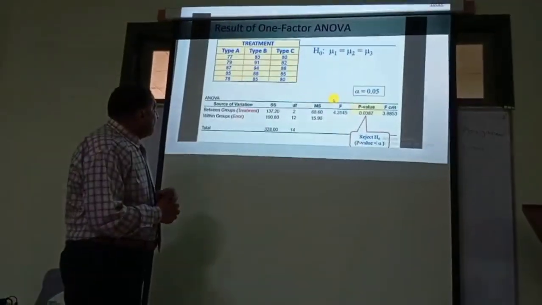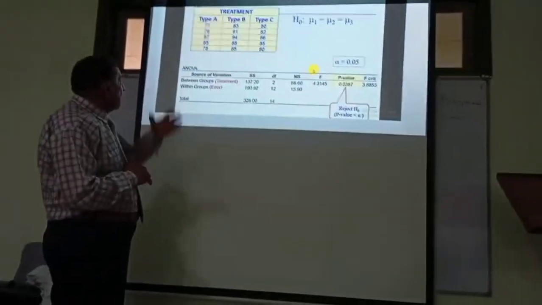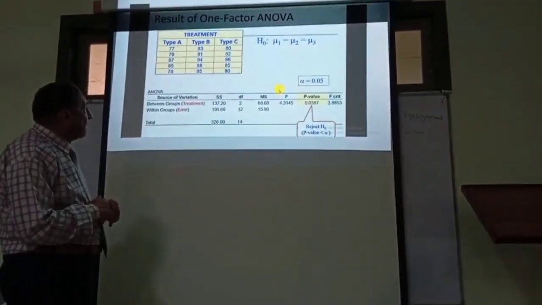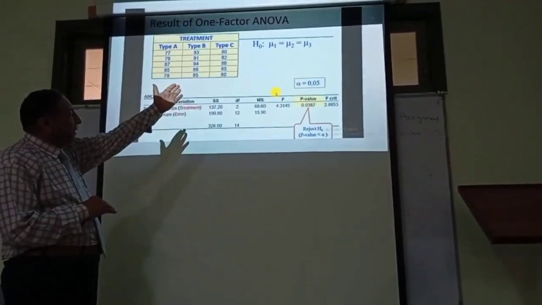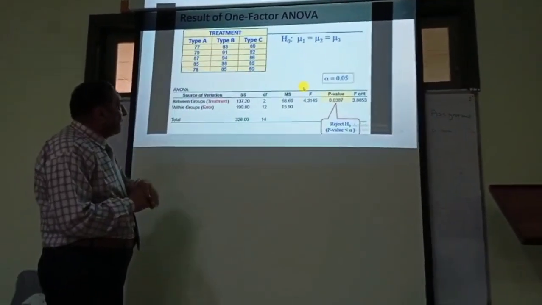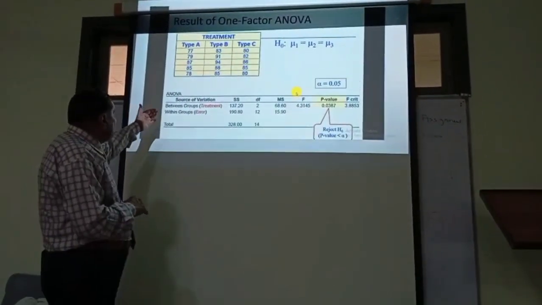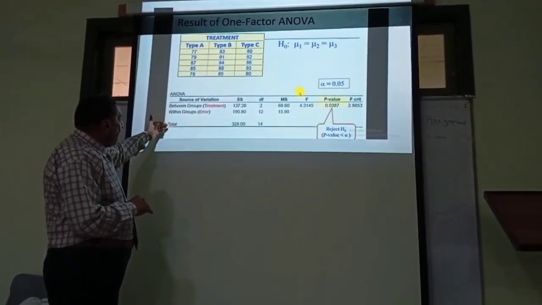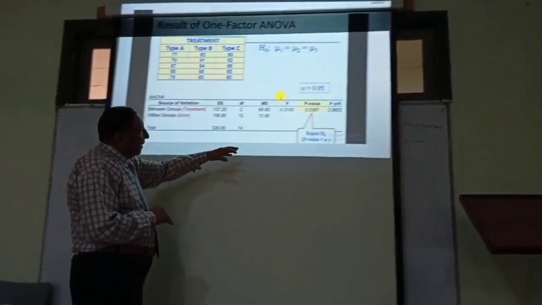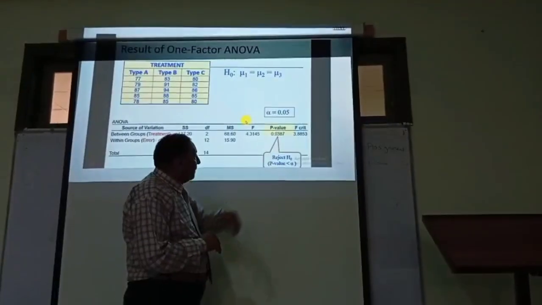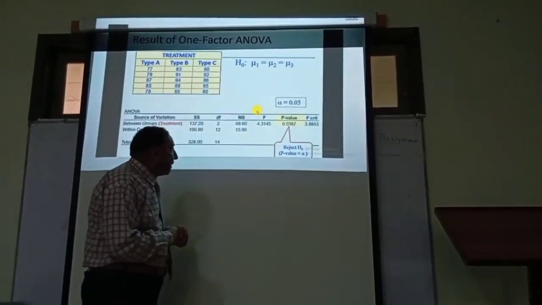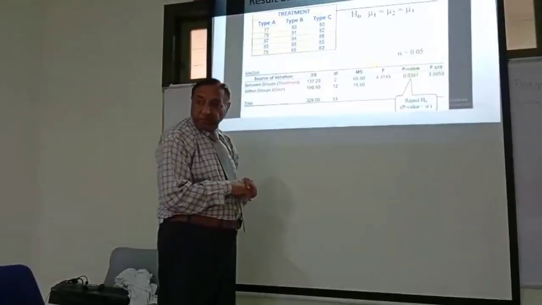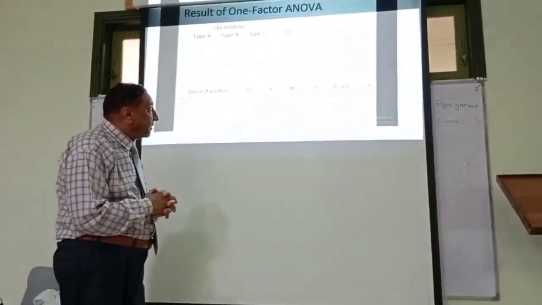So this is how you can have type 1, type 2 errors, and you can see that if the p-value is 0.387, then you will not reject the null hypothesis. Next please.